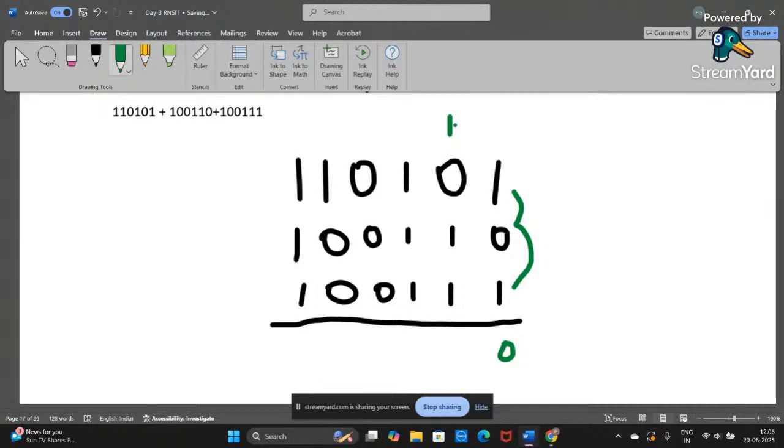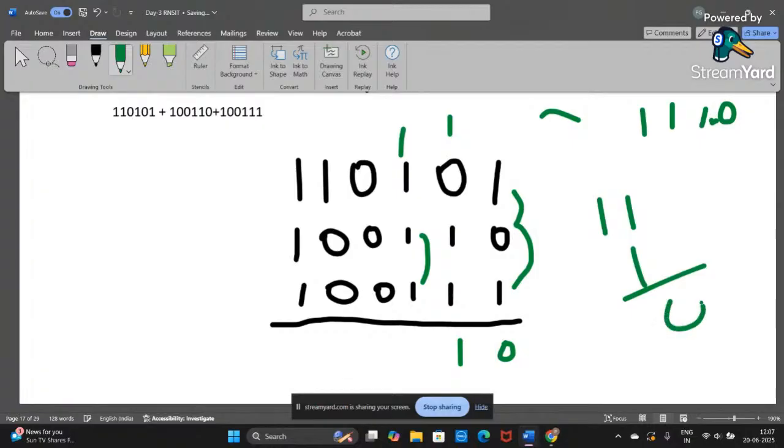Next, 1 plus 1 it is 10, 10 plus 1 it is 11. 1 you are writing here and 1 here. 1 plus 1 it is 10, we are writing 1 to the next one and plus 0. Again for that we'll get 11 and 11 plus 1 again it is 0. So we're writing 0 here.